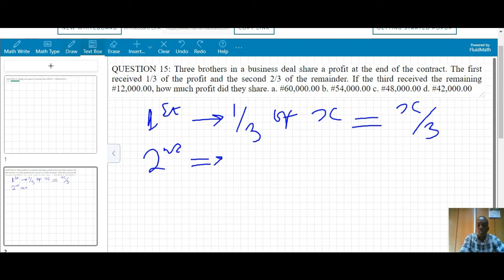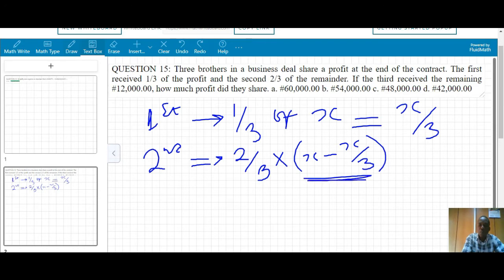If the first receives X over 3, the second will receive 2/3 times the remainder, that is X minus the value the first received. Simplifying, we have X over 1 minus X over 3.